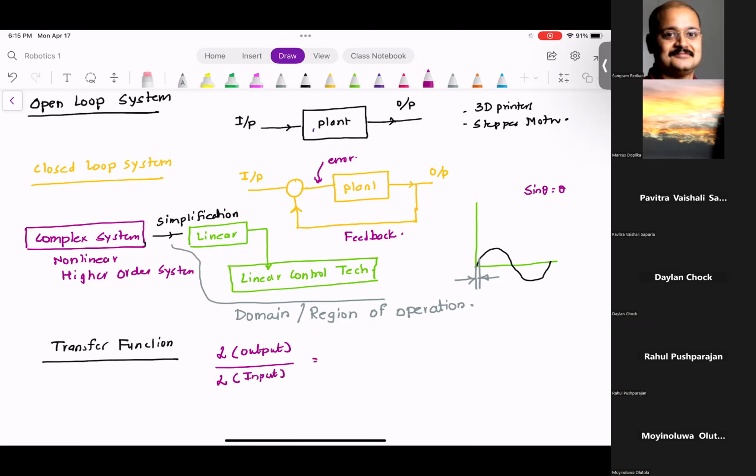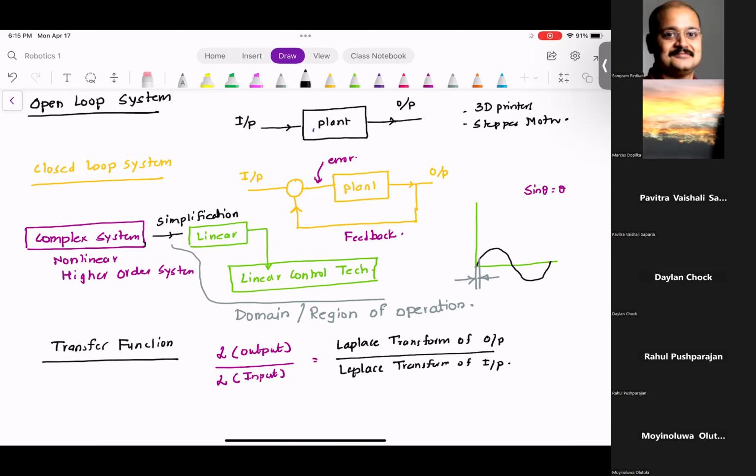So transfer function is nothing but Laplace transform of output divided by Laplace transform of input.